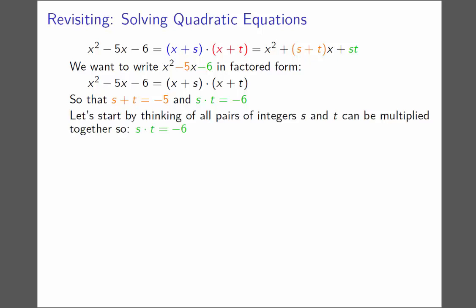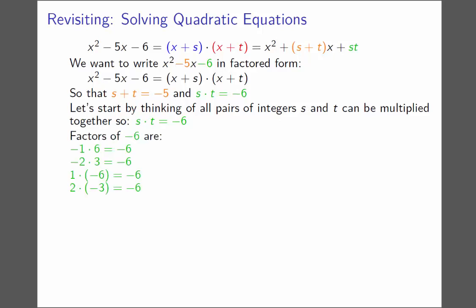So let's start by thinking of all pairs of integers s and t that can be multiplied together so that s times t equals negative 6. Well, the factors of negative 6 are negative 1 times 6 equals negative 6, negative 2 times 3 is negative 6, 1 times negative 6 is negative 6, and 2 times negative 3 is negative 6.